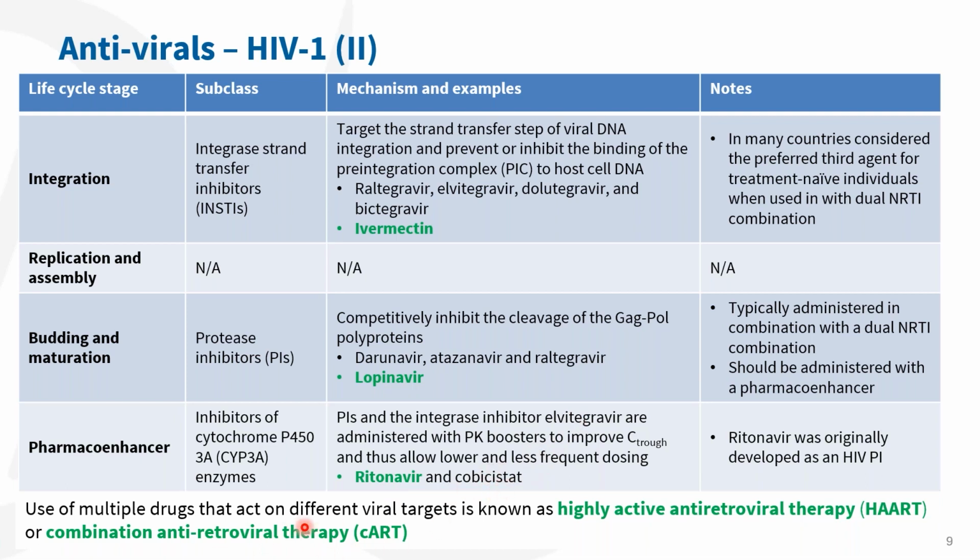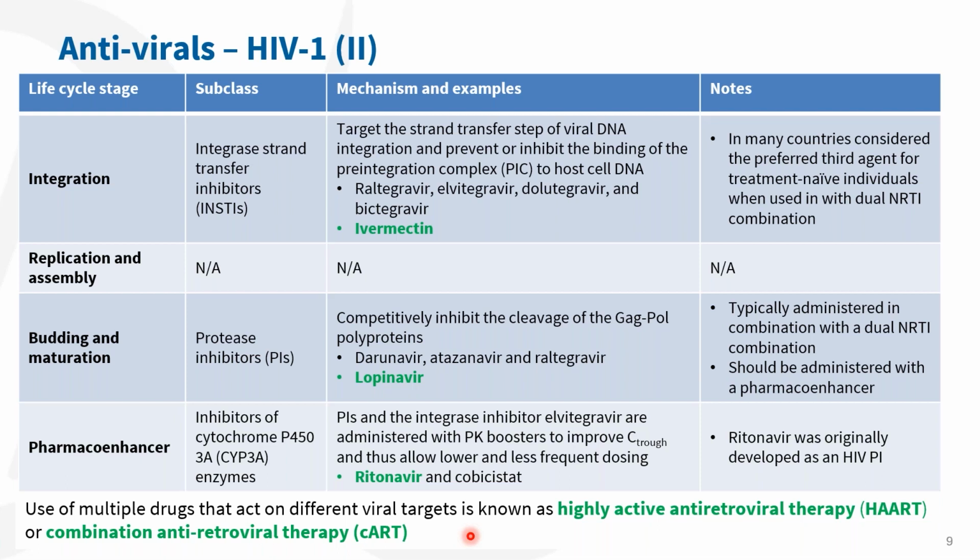It's also worth highlighting that for HIV, one of the treatment strategies is what's called highly active antiretroviral therapy, HAART, or more commonly combination antiretroviral therapy, or cART. This is basically because they use multiple products, usually two, for example, reverse transcriptase inhibitors with a pharmacoenhancer at the same time.